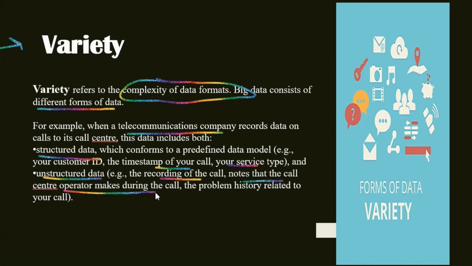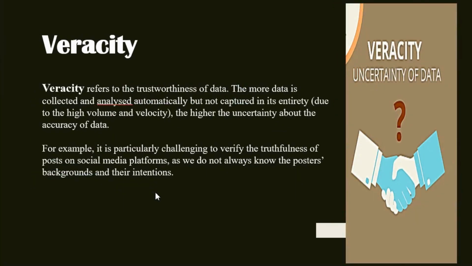Now proceeding next, we have veracity. Now what does it mean to say veracity of data? Veracity refers to trustworthiness in data. Actually, right now there is so much data: volume, veracity, variety, velocity, everything which we have. There were 3 V's, then we have come to 4 and 5.